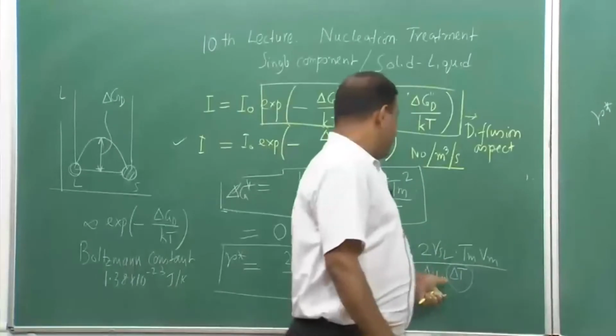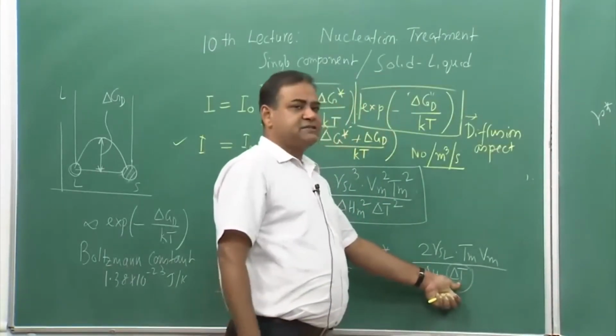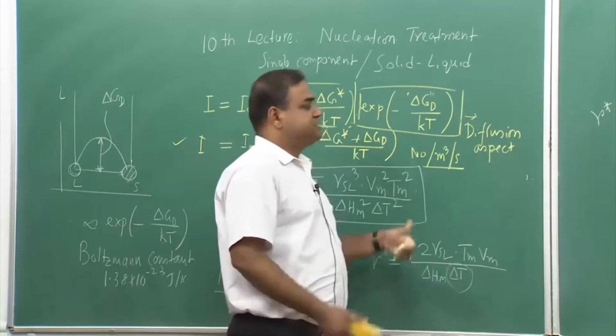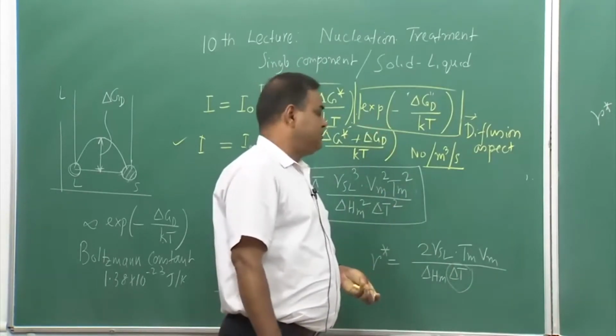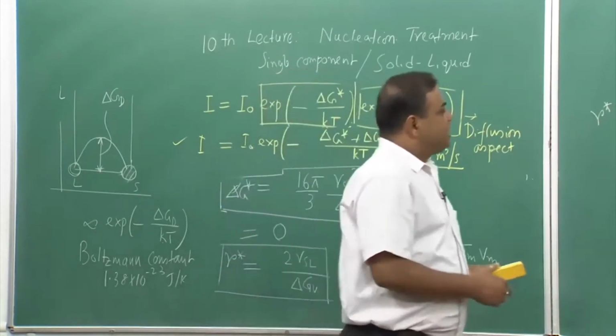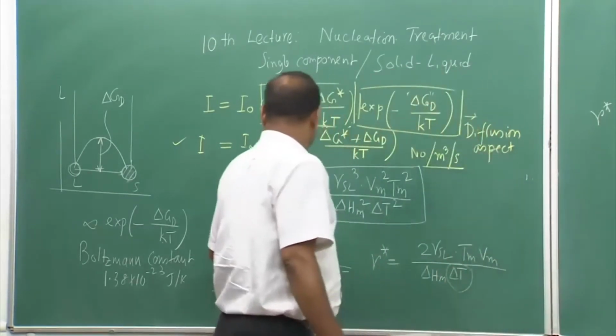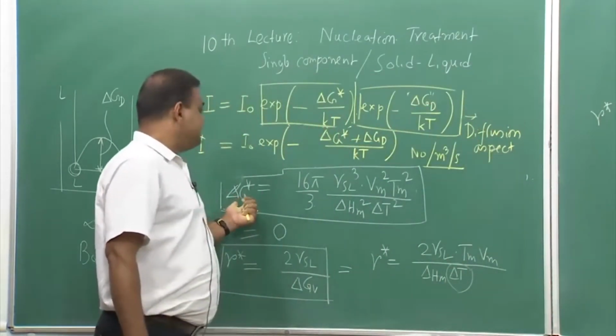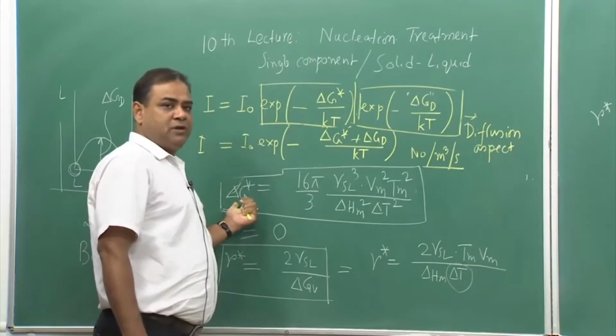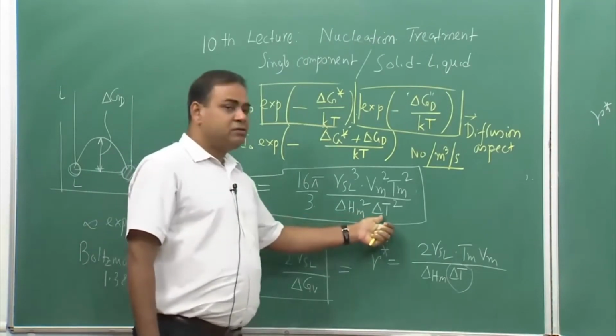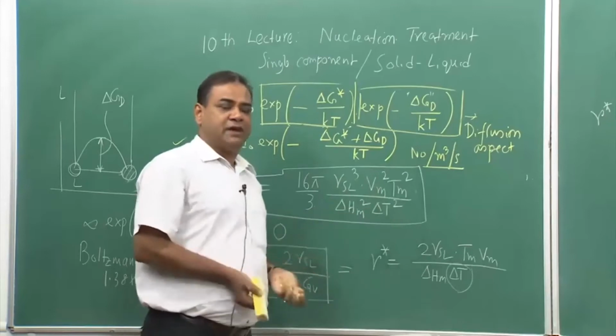Now at Tm, del T is 0, R star is infinite. At the same time, if I try to see delta G star, at del T 0, the delta G star value would be very high.